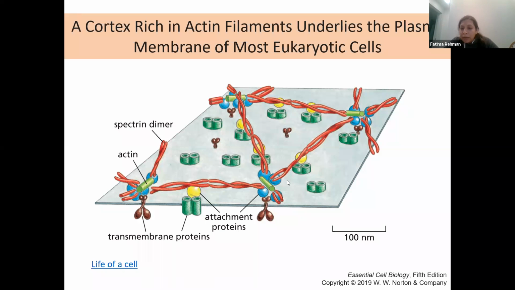And then these globular proteins that you see are connecting the anchorage points of these filaments to the plasma membrane. So that's how they usually work. The attachment proteins usually interact with transmembrane proteins directly and not with the lipid portion of the plasma membrane.